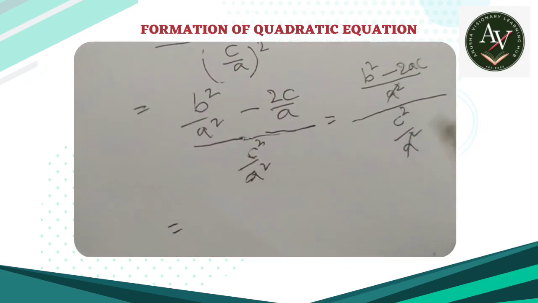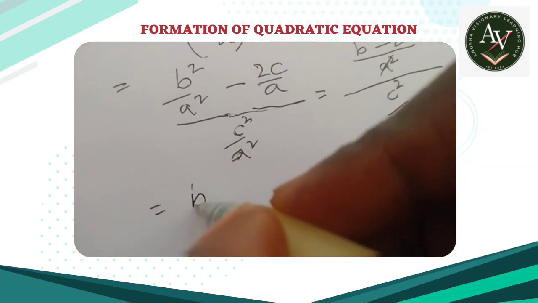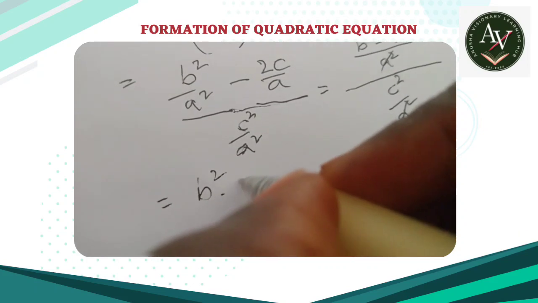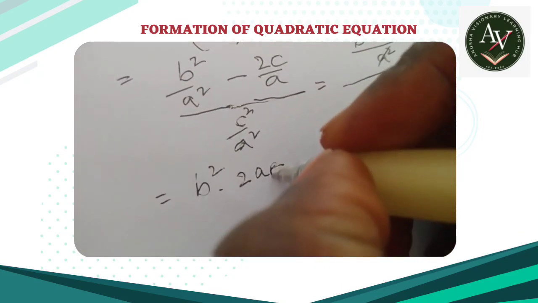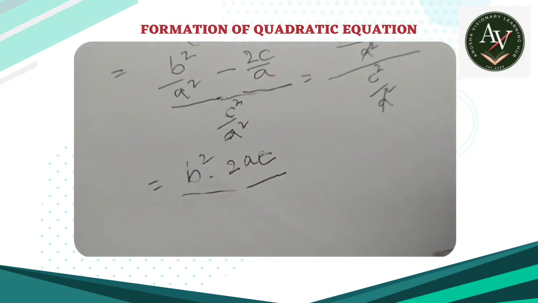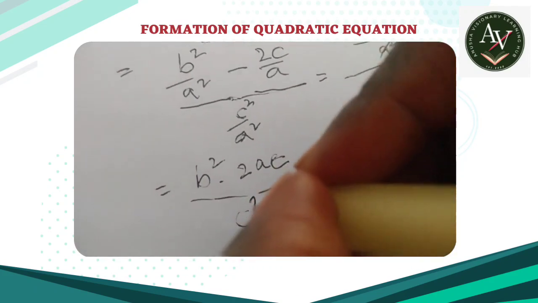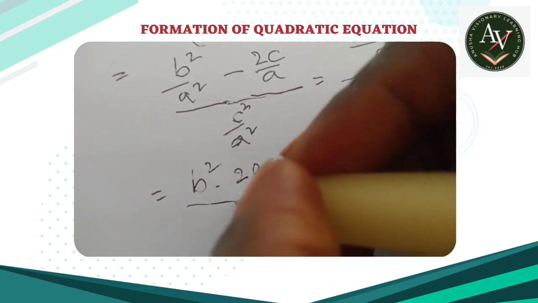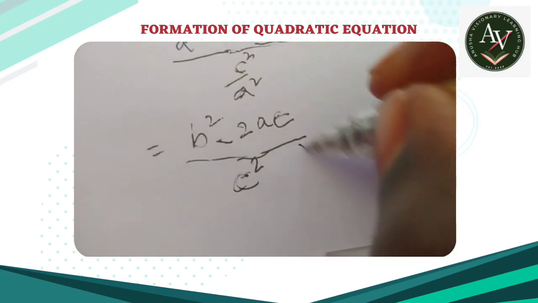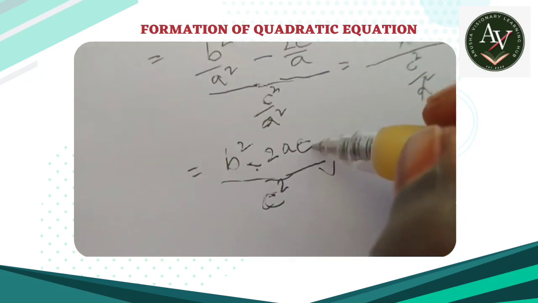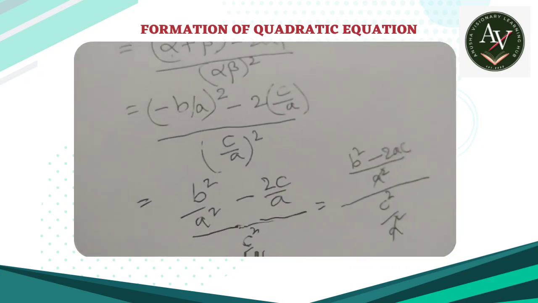Then it will be b square minus 2ac by c square. So what is our final answer? b square minus 2ac by c square. Hope you understood, right?